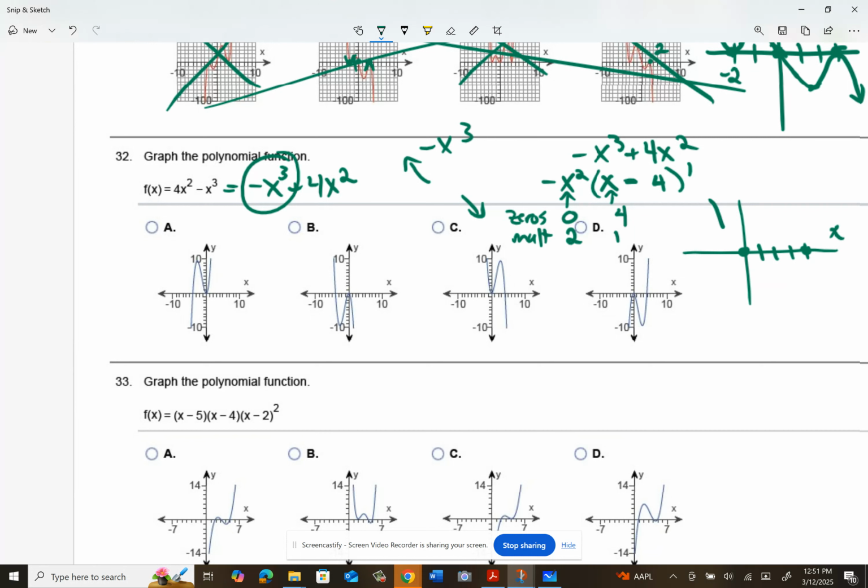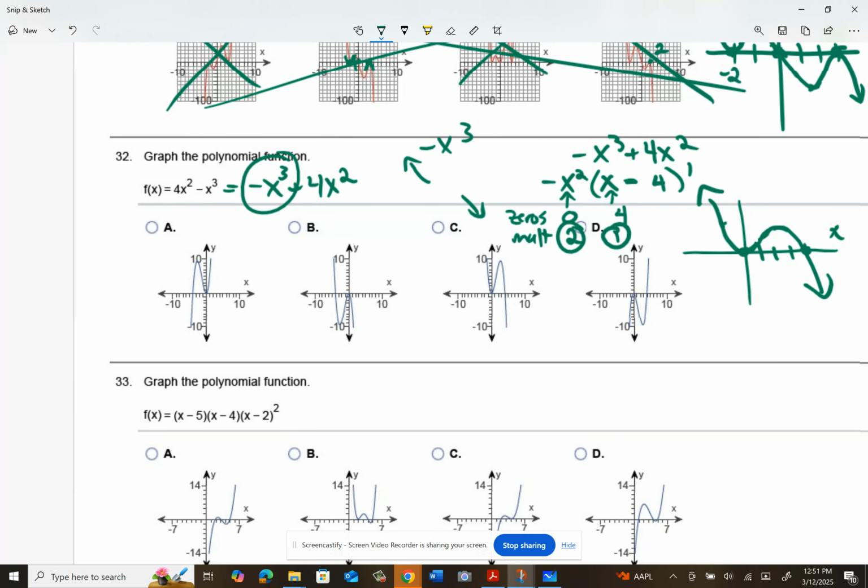It could pass through and wiggle, or it could bounce. Because it had a multiplicity of 2, I know it's going to bounce. It's going to have to turn around at some point because it has to then get to 4. And then I think about how it behaves right there at 4. It's going to behave like a line, so it should look something like this when I'm finished.